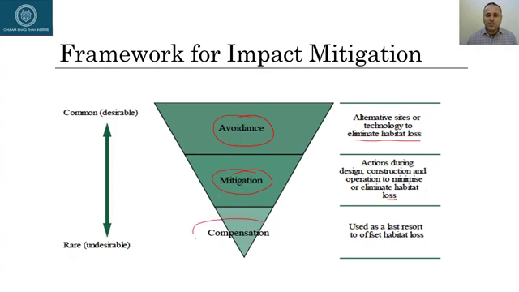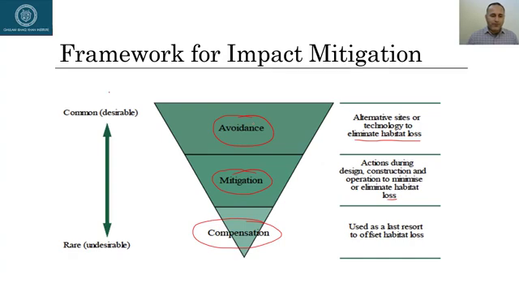Compensation is used as a last resort to offset the habitat loss. So you provide compensation. For example, in the social sphere, if a dam is resulting in loss to somebody's property, let's say a house or anything, you provide compensation to them.